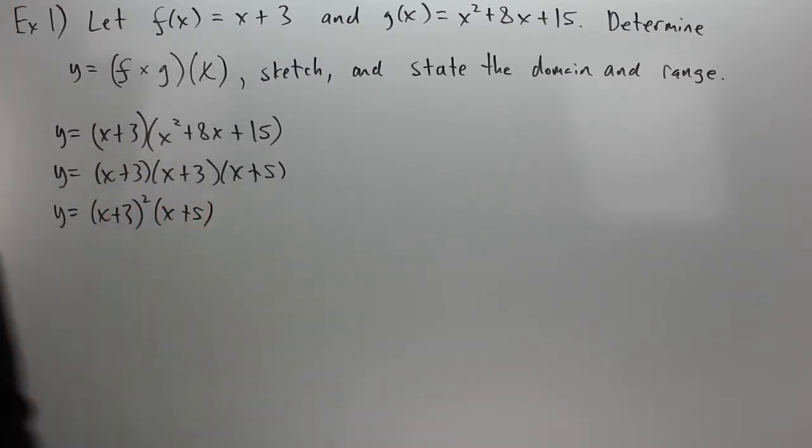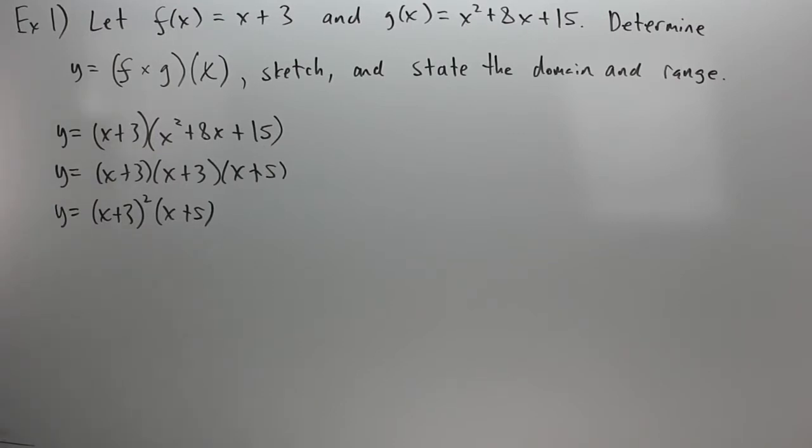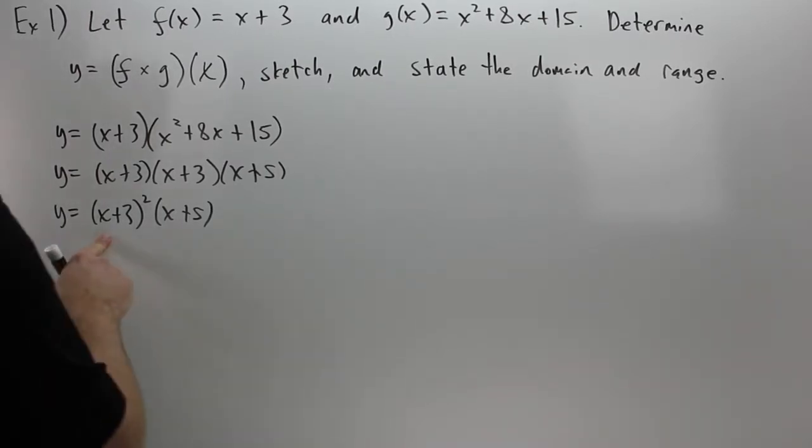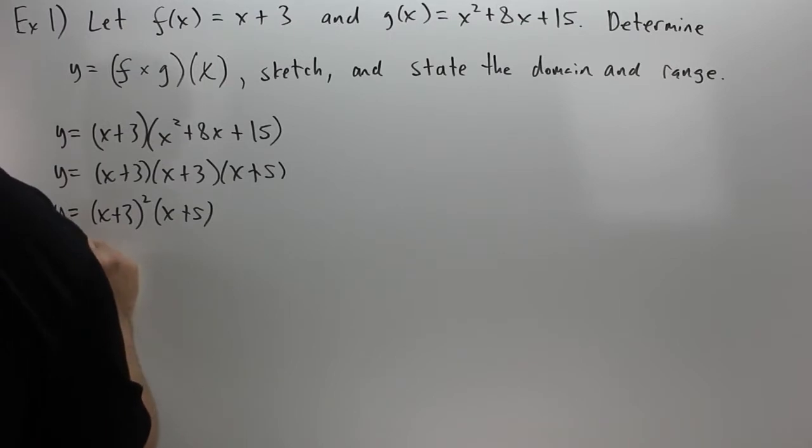Guess what? This is a question from all the way back to sections 2.1 and 2.2, where we were just sketching polynomials. So if you can recall here, the roots of this are going to be negative 3 and negative 5.